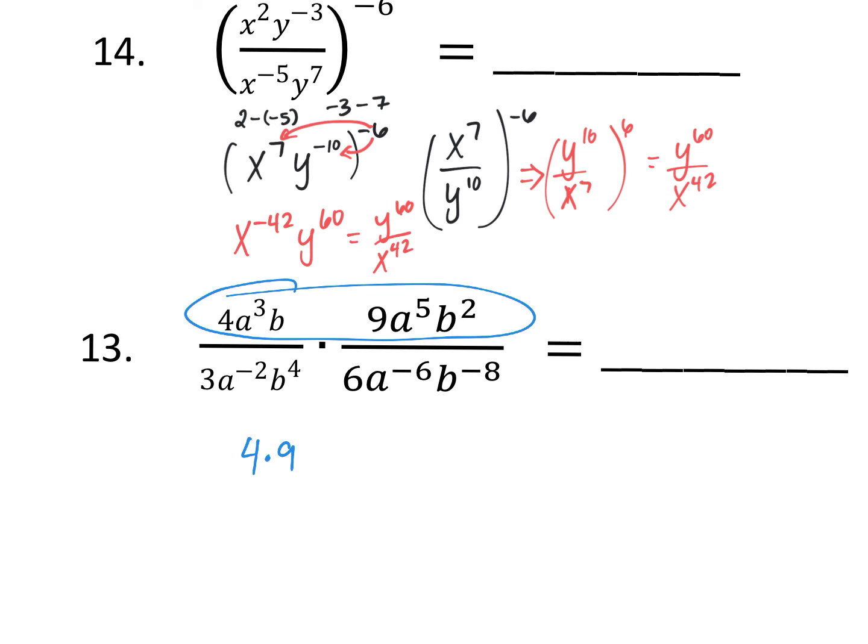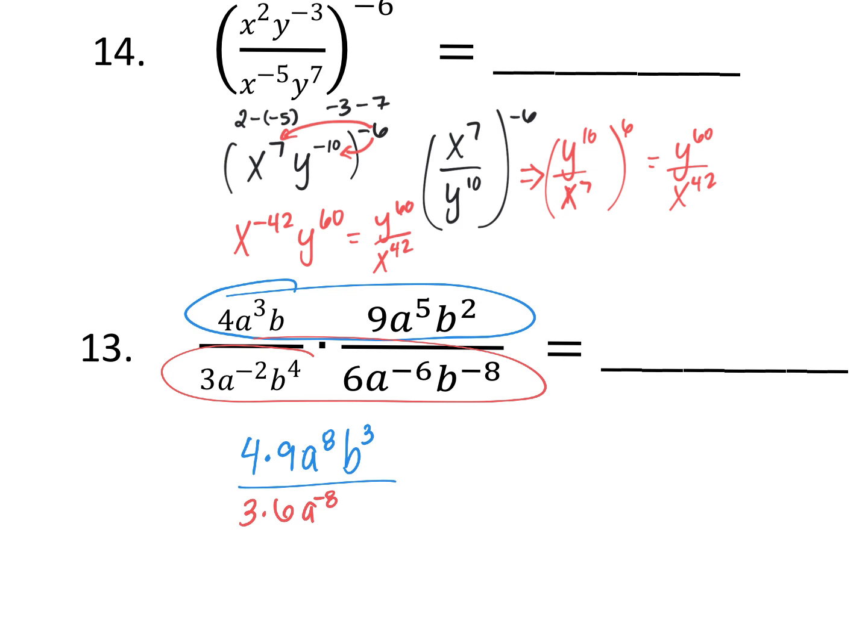Okay? What do I get with my a's? a cubed times a to the 5th, a to the 8th. And b times b squared, b to the 3rd. And my denominator: 3 times 6, a to the negative 2 plus negative 6, a to the negative 8.